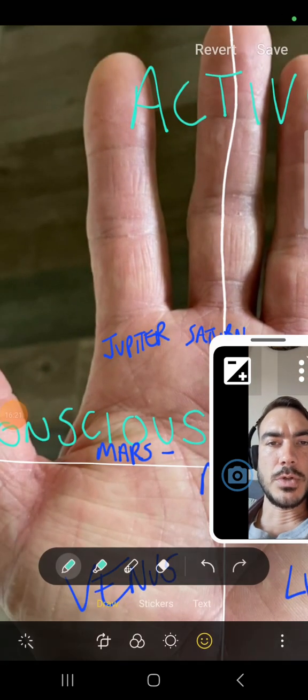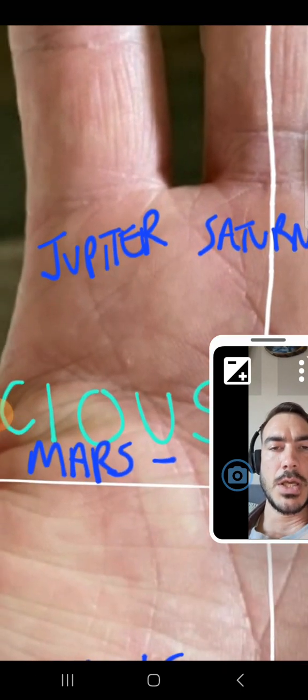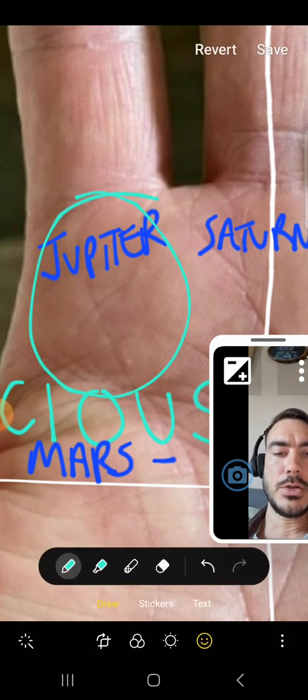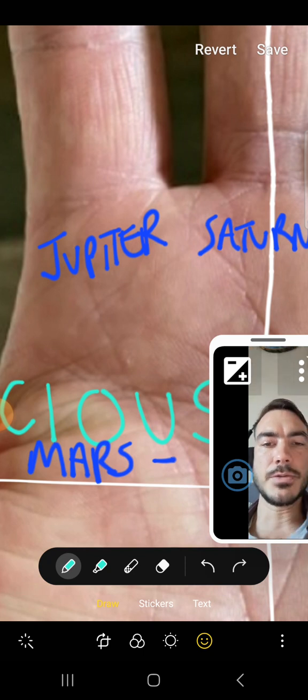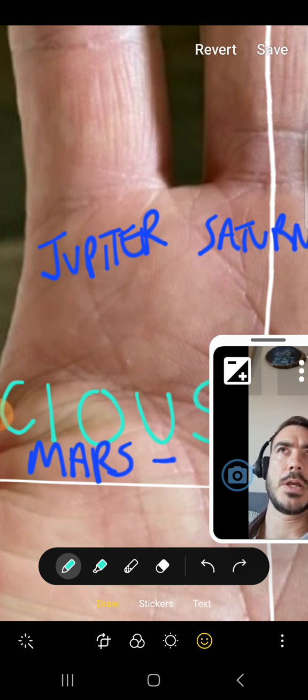So when you come across someone with a short Jupiter finger, we don't have that here, and a flat or depressed Jupiter mount, you're looking at someone lacking in enthusiasm, combined with lacking in the self-assurance to carry things out.